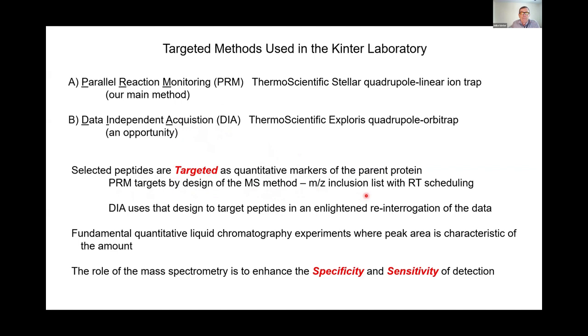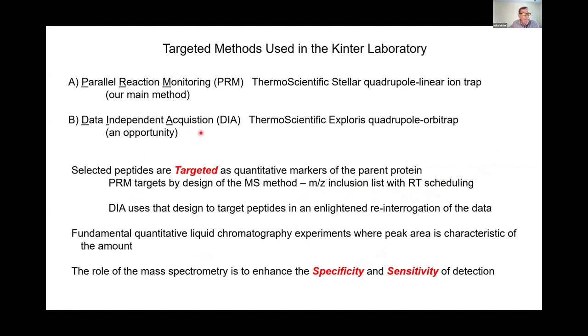We know the mass to charge ratio of the peptides on that list, and we know where they elute. So we tell the mass spectrometer specifically what we want it to do, and at what point during our LC program we want it to be doing that. That helps us not only include more targets, but also enhances the specificity of the analysis, so we don't acquire superfluous data and expose ourselves to potential coincidental overlap.